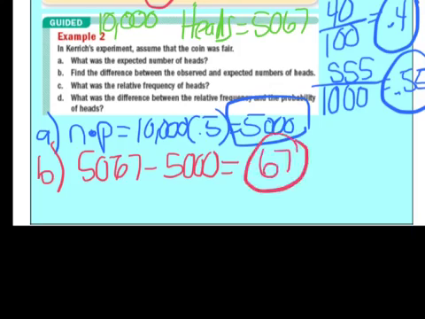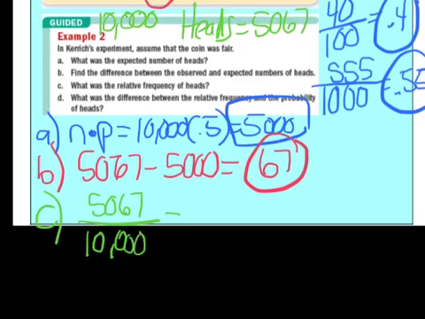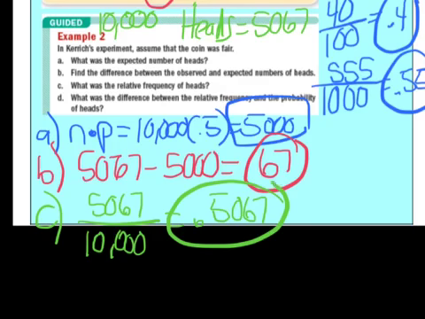What is the relative frequency of getting heads? Relative frequency is just how many times the outcome happened, which is 5,067 over 10,000 flips of the coin. So 0.5067 is the relative frequency. Part D, what is the difference between the relative frequency and the probability of getting heads?